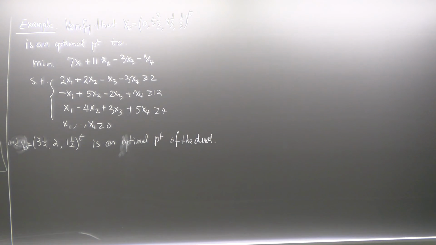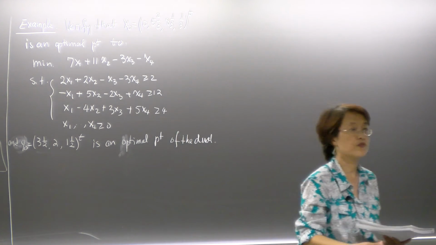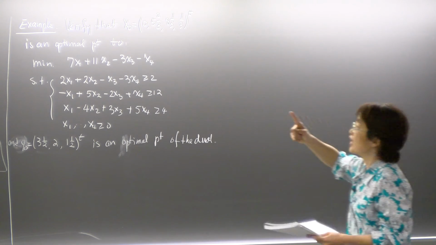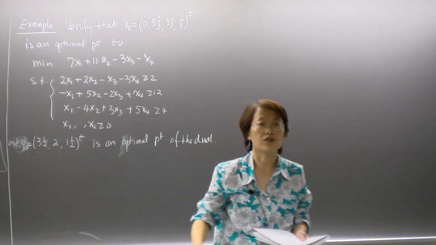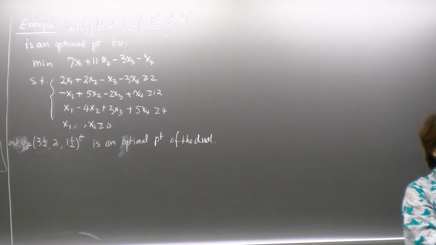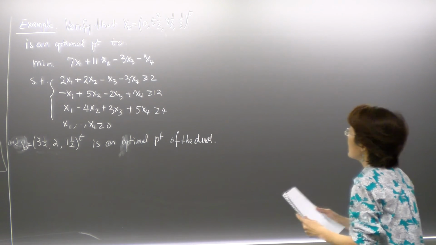So you have a dual problem, and I'll ask you to verify that this is the optimal one for the dual. It's important that I give you this x naught and y naught, otherwise this will be very hard to prove without using software. Otherwise this is too much.